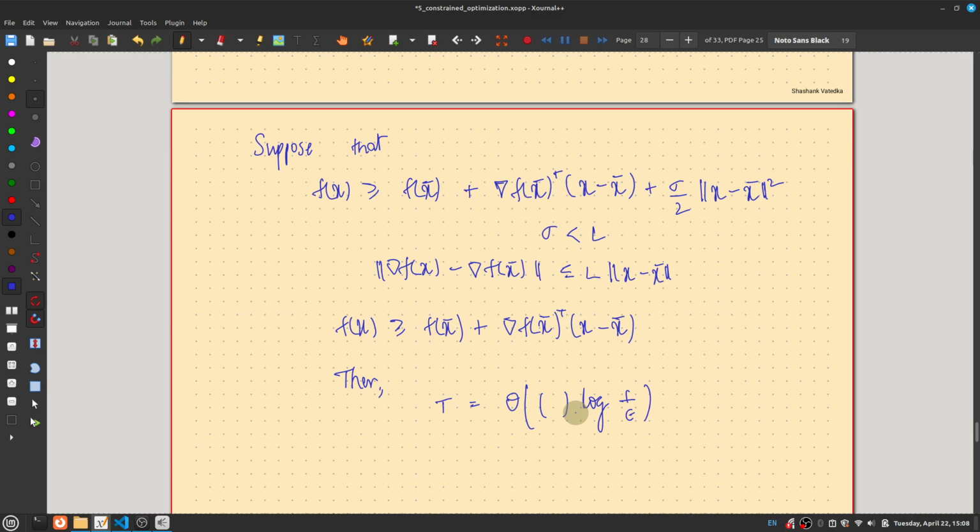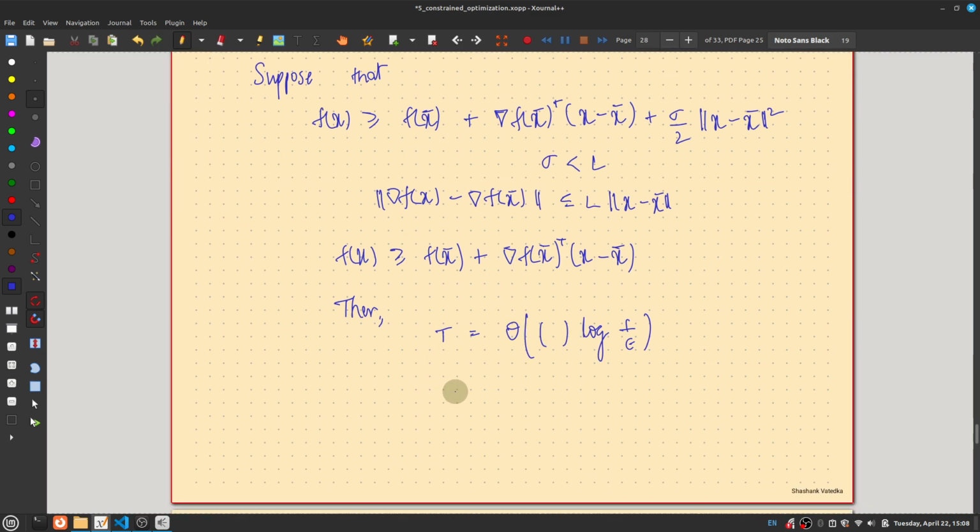In other words, epsilon is something times e to the power of minus some constant times t.